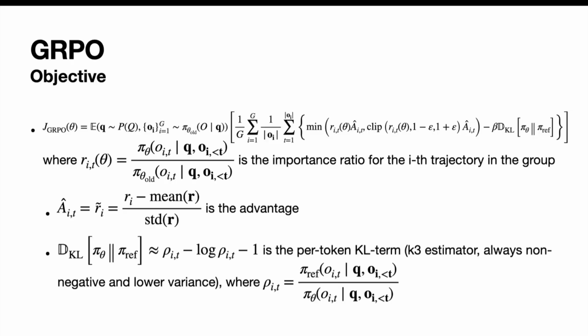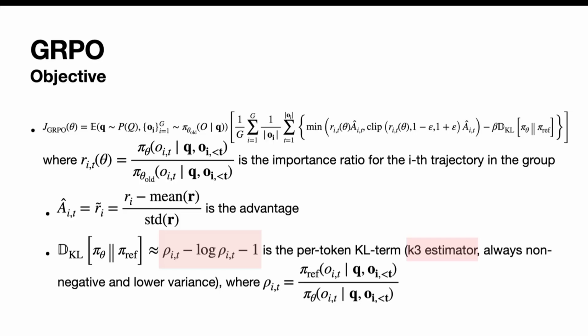One difference from the PPO version we discussed earlier is how the KL term is used. In PPO, we included the KL penalty inside the reward signal. In GRPO, the KL penalty is subtracted directly in the objective as a separate regularization term, and we use the K3 estimator for the KL term.